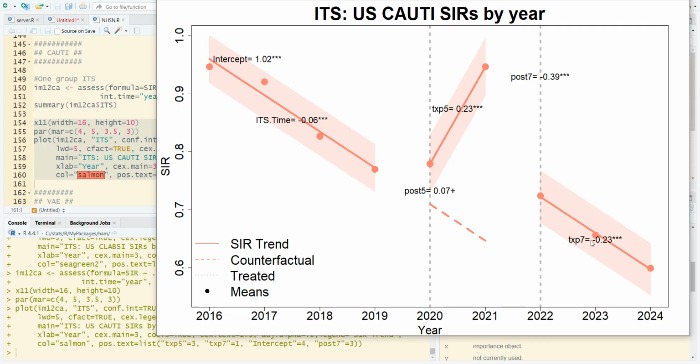And we see that the difference in the trend at TXP7 is significantly different and lower than the trend we see with TXP5. So in that middle period, we see it trending upwards. In our final period, it's trending downwards, and significantly so.